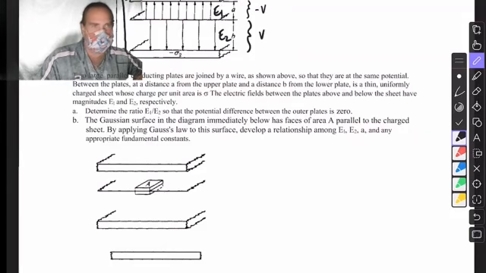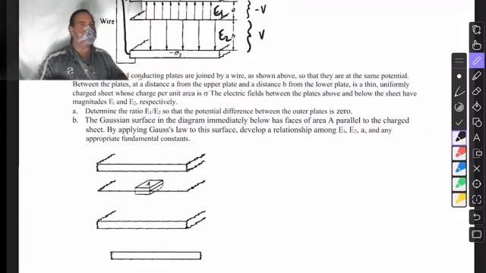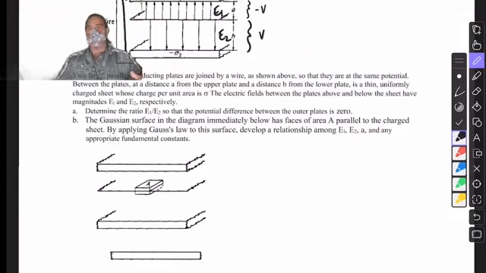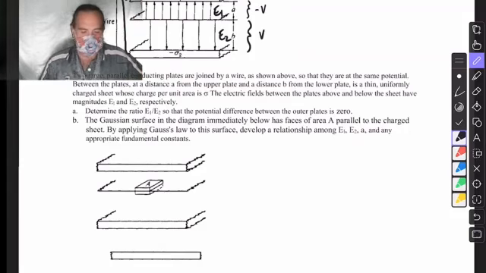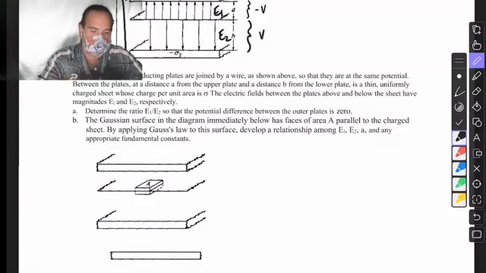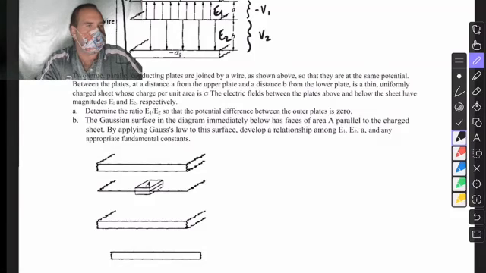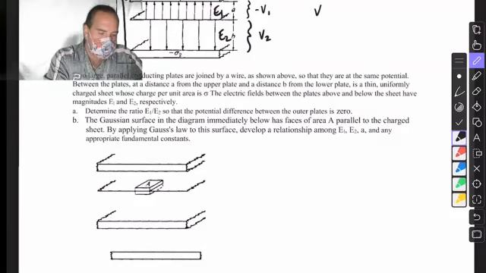They put that the middle piece of aluminum has positive sigma, and both the top and bottom plates have negative sigma 1 and negative sigma 2. But if I want, I can say that this is V2 and V1. If I don't believe they're equal, that's fine, but I know that negative V1 plus V2 has to equal 0.